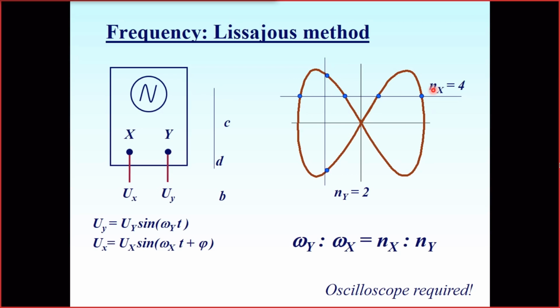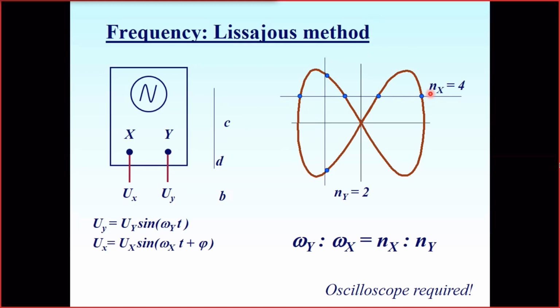Of course, we may get a strange situation. Could you imagine this figure rotating? At a certain phase shift between y and x, we get not such an 8, but some kind of parabolic shape. But in this parabolic shape, we still have only 2 crossings with the x-axis and only 1 crossing with the vertical axis. So generally we look at the maximal possible crossings.